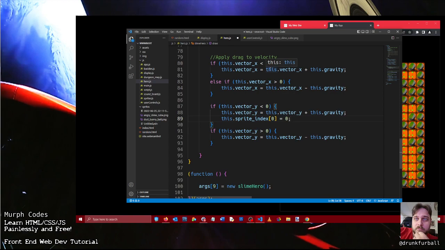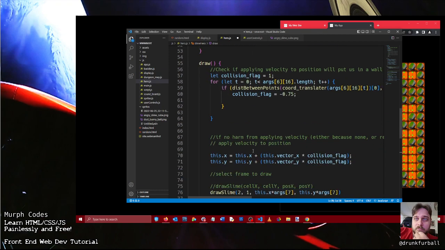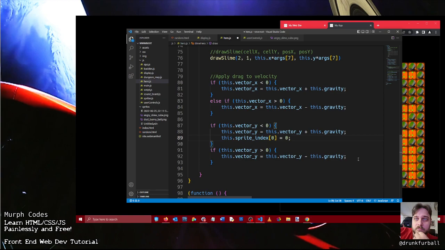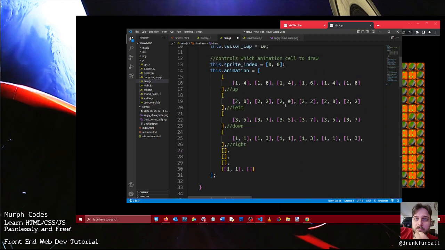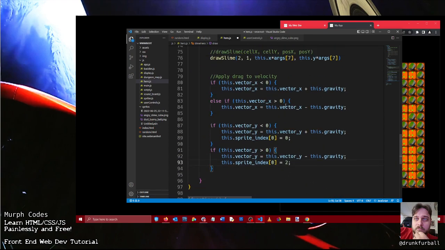Okay. Now, down would be 2, because it's 0, 1, 2. And left is less than 0. Less than 0.